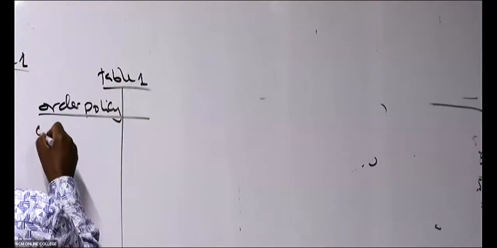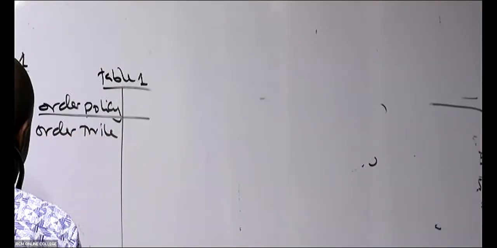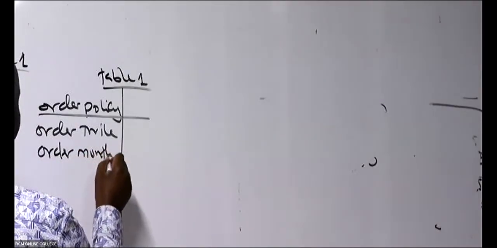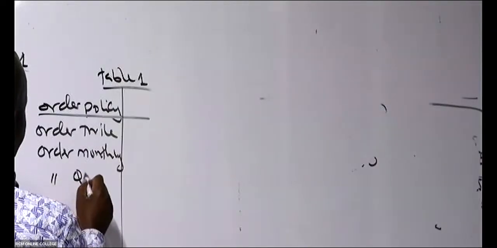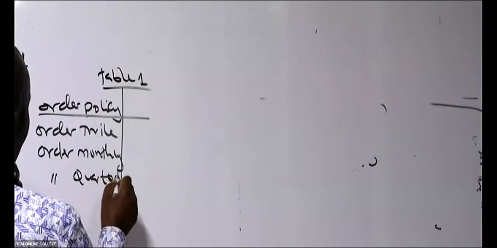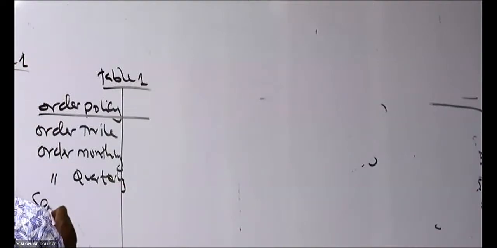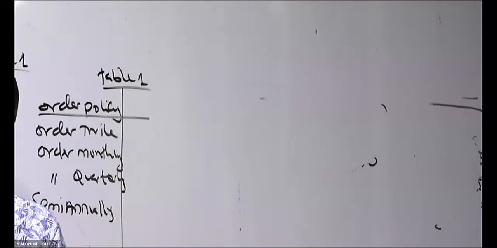So we have order twice, so order monthly, quarterly, semi-annually, then we have annually.